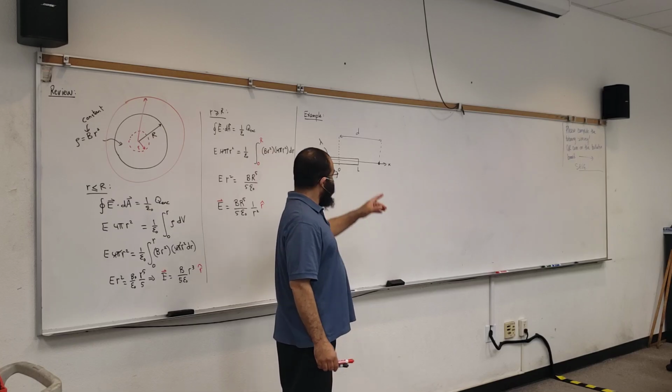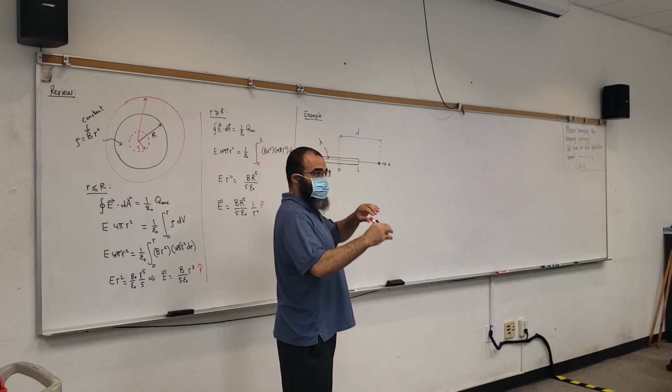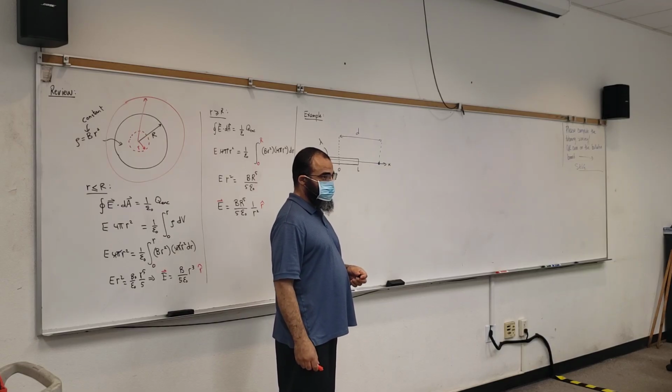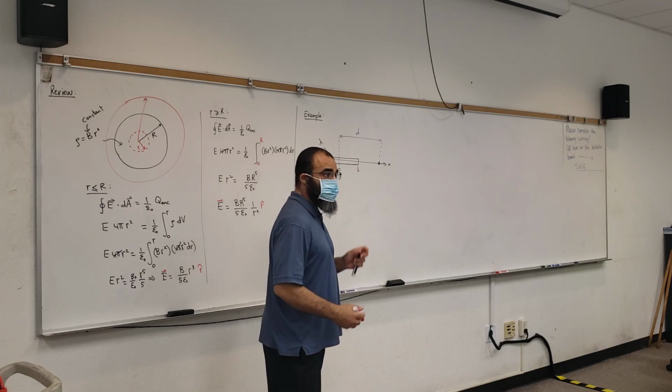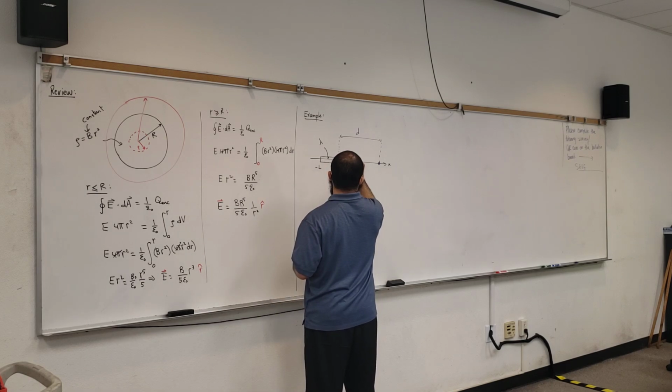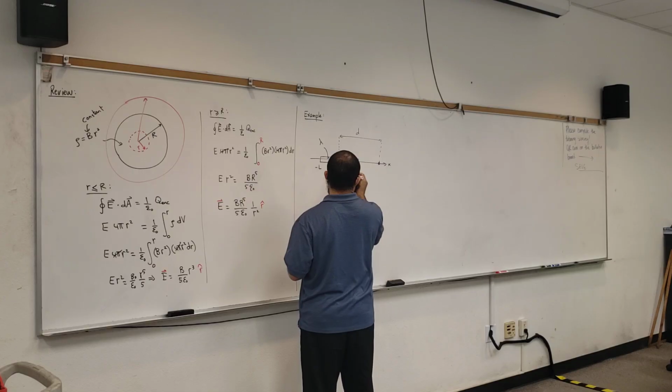But this one is not a point charge, it's spread. So what's the approach? We can slice the rod into little slices. So here's a small slice.